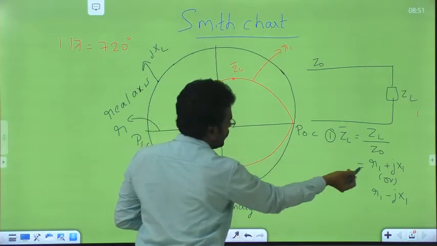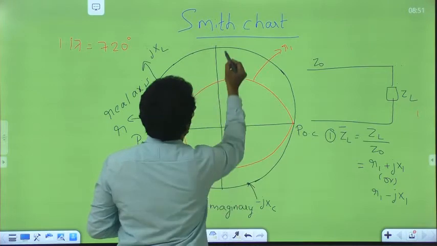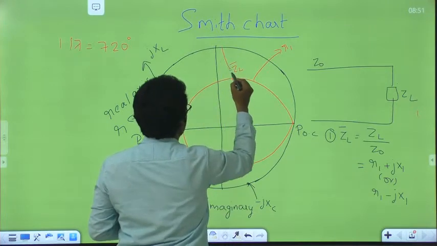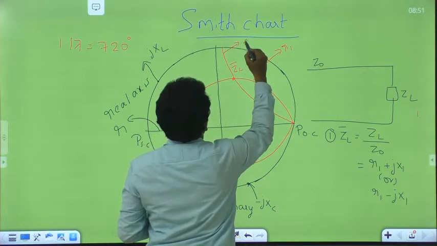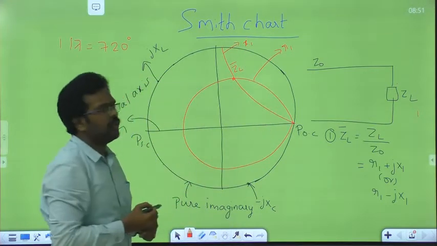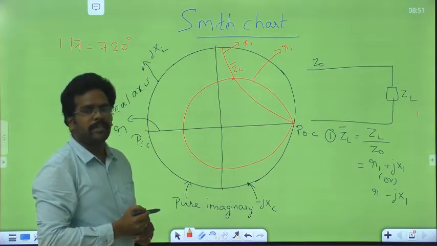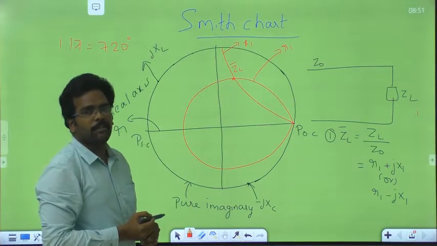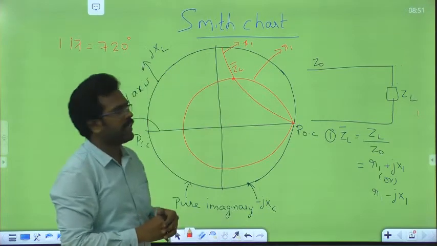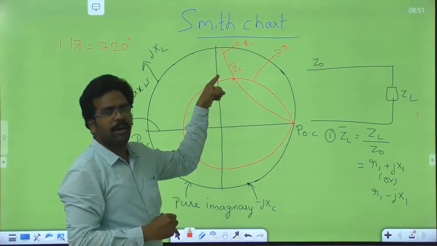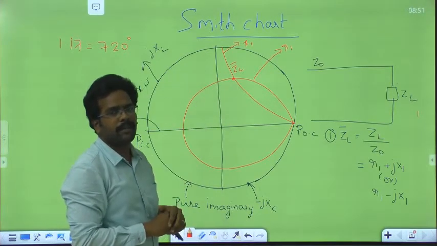Similarly, you have to take an X1 circle. This is the X1 circle. How to get the impedance? The intersection of the R1 circle and the X1 circle gives the normalized impedance ZL bar.